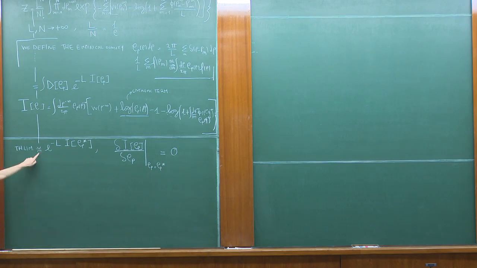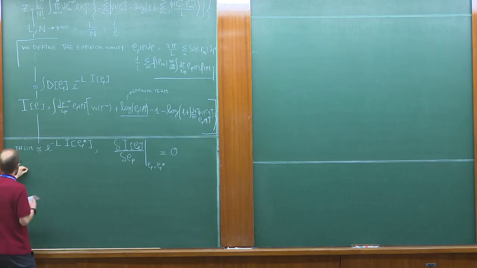And here I write this symbol because this means equality up to sub-extensive terms, because you want to extract only the part which is leading in L. This is the large deviation form, if you know large deviation theory, okay?